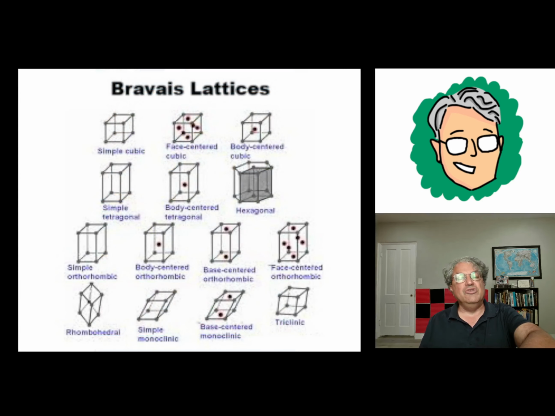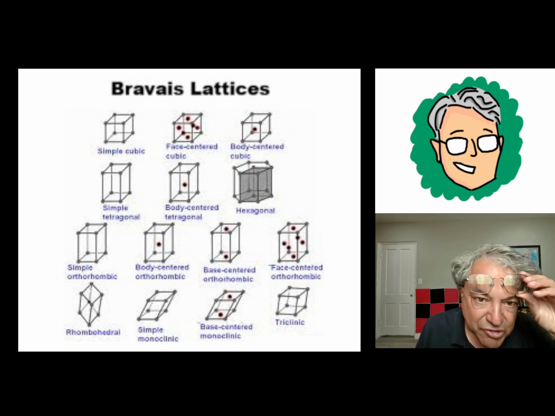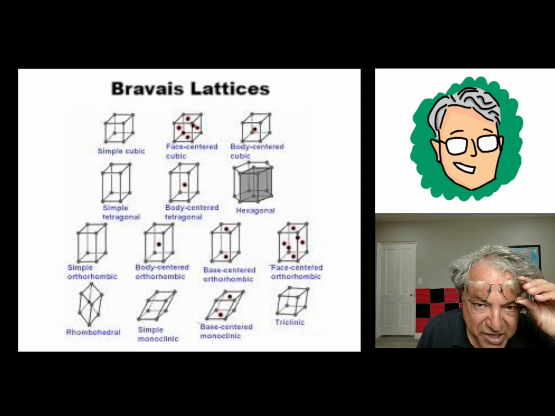But then in 3 dimensions, you actually get 14. And here they are. And they actually come in 7 different varieties. I don't remember the names offhand of all these. There's monoclinic, triclinic. You can read them. Simple cubic, face-centered cubic, body-centered cubic. I guess there are 3 different kinds of cubic.